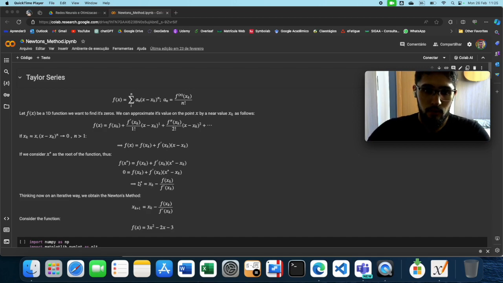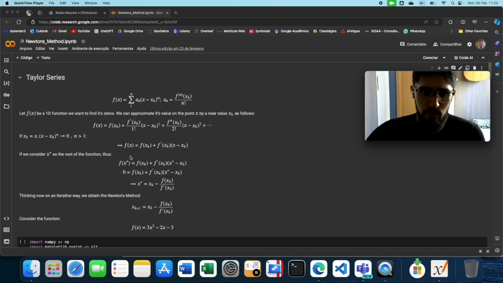So here is the Taylor series mathematically formulated, and here we are expanding it for us to see the summation. We are approximating the function f by its neighbor points, x_k, for example.